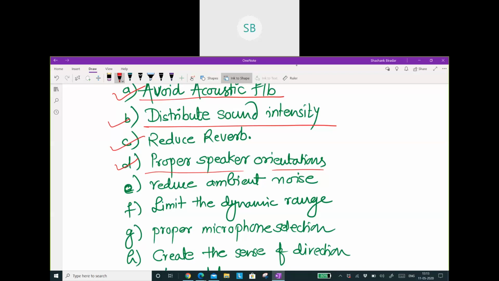So orientation of speakers and microphones is important. They can also incorporate echoes, so as to avoid that, the orientation should be proper.